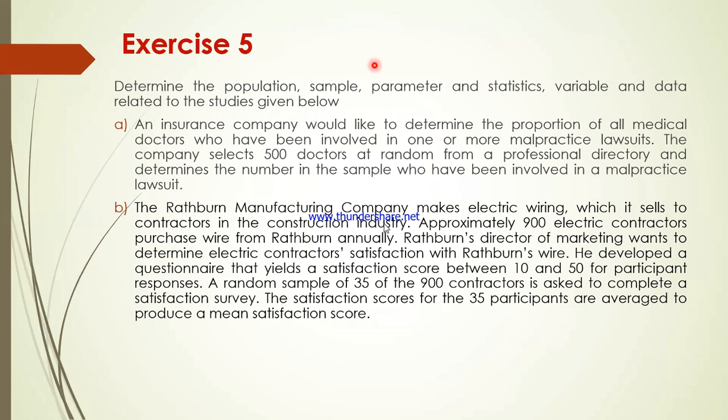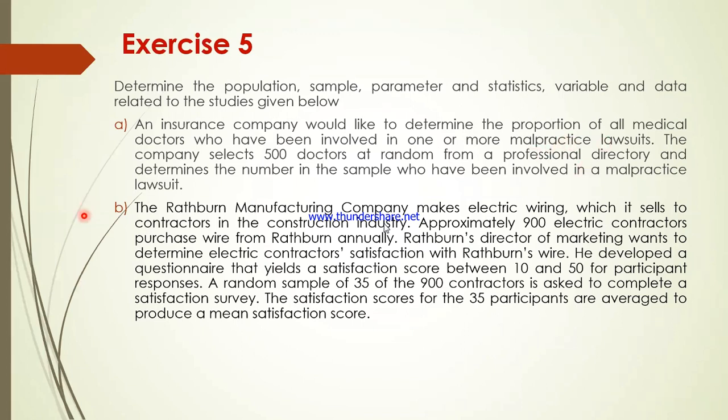Whether, put the first statement you have to put, whether the doctor has been involved in one or more malpractice lawsuits. Then yes or no. From that you can identify the proportion.